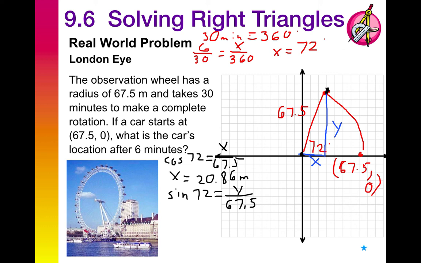And when you calculate this out, you will get a y that equals 64.2 meters. So our new location up here is going to be 20.86, comma, 64.2.